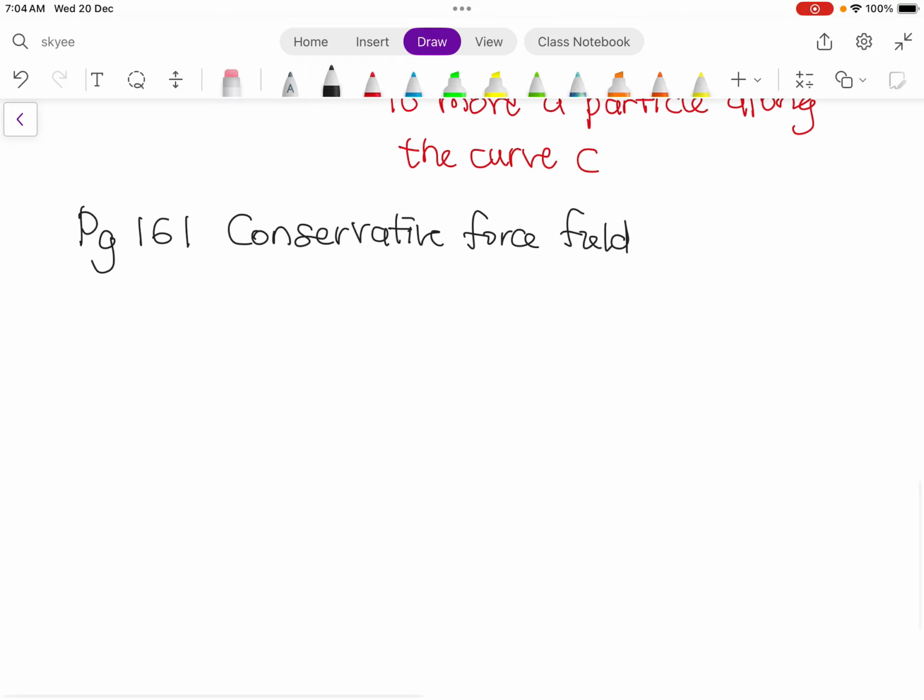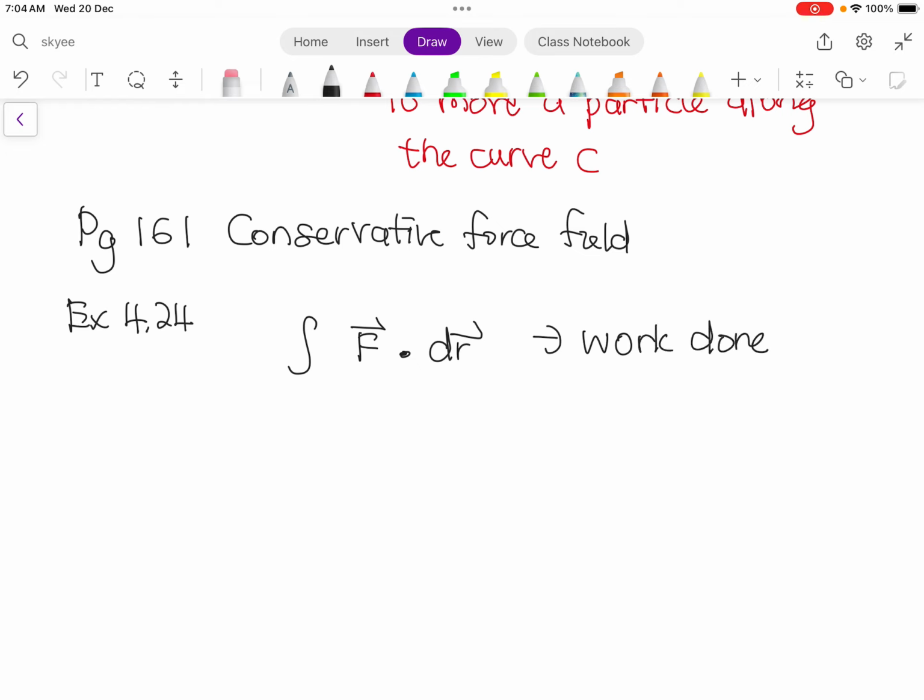So you look at example 4.24. You have to find the work done. Like I mentioned, the work done is you solving the line integral of the vector field. So the answer here will be the work done by the force field, by this force.